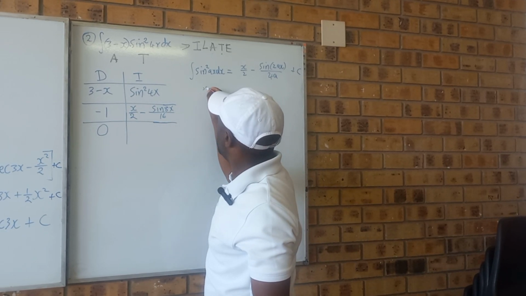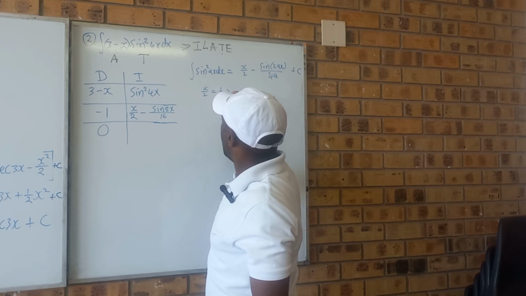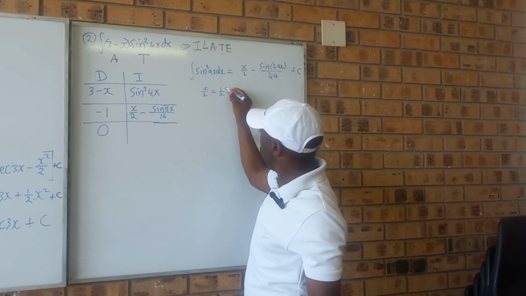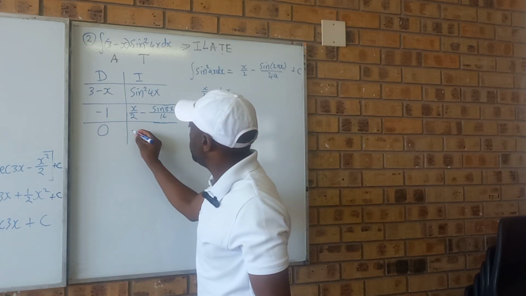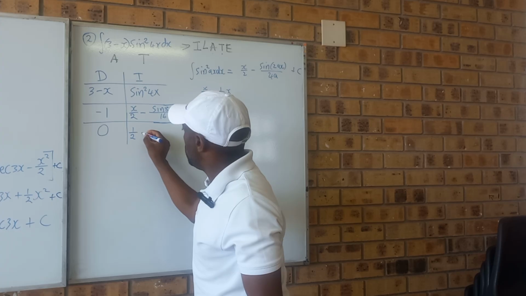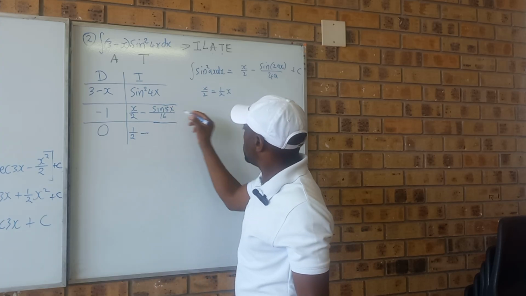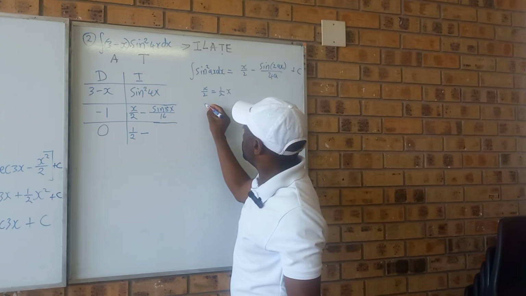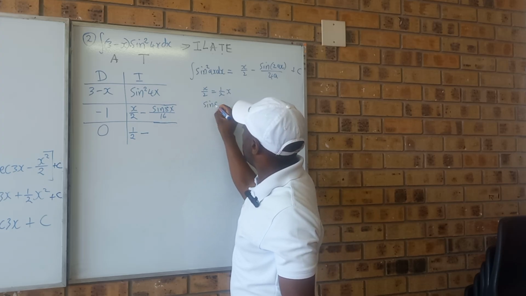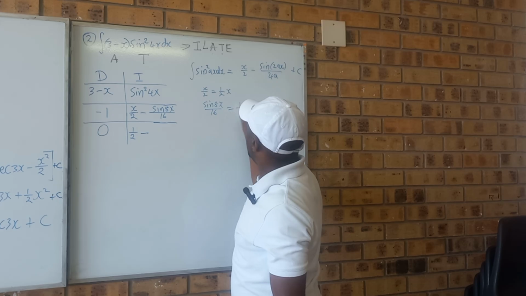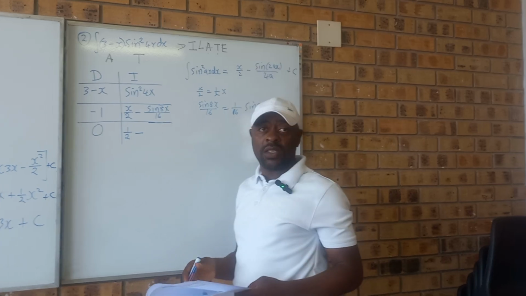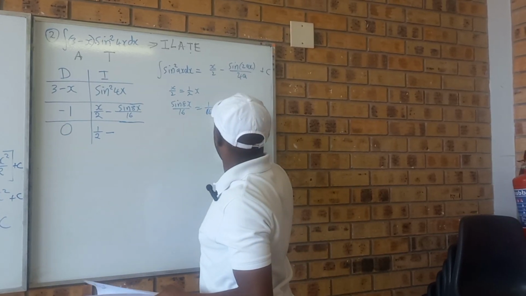So that's my integral. Then when I move to the next step, I'm integrating x on 2. Don't forget x on 2 is the same thing as a half x, and we don't integrate the constant. We simply integrate the x to give us 1. We multiply by the half, that will give me 1 over 2 minus. If I go here, it's the same thing. When I'm looking at sine 8x over 16, I should see it as 1 over 16 sine 8x, which reminds me that I don't integrate 1 over 16, I simply integrate sine 8x.